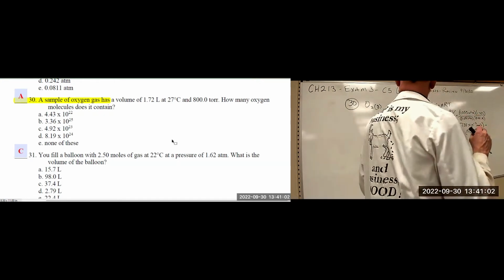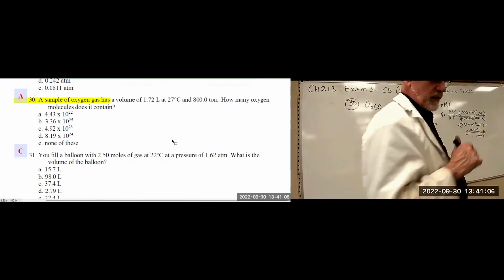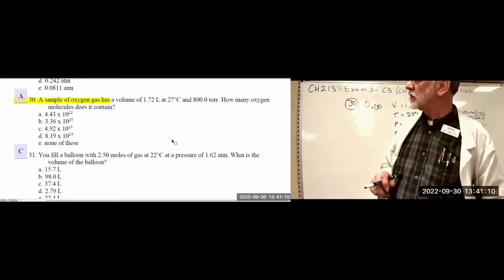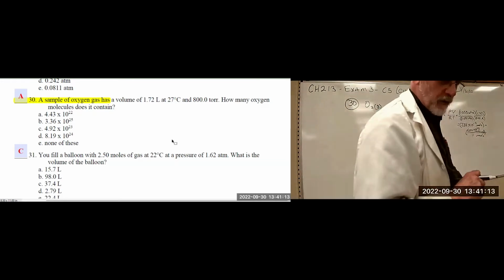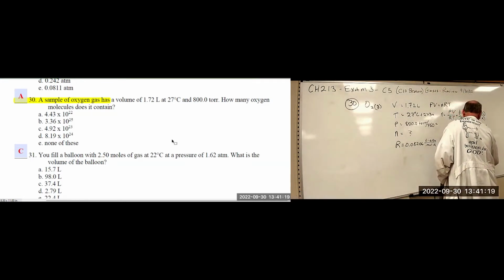How many significant figures? Probably 3. 4.43 rounded off, times 10 to the 22nd molecules.